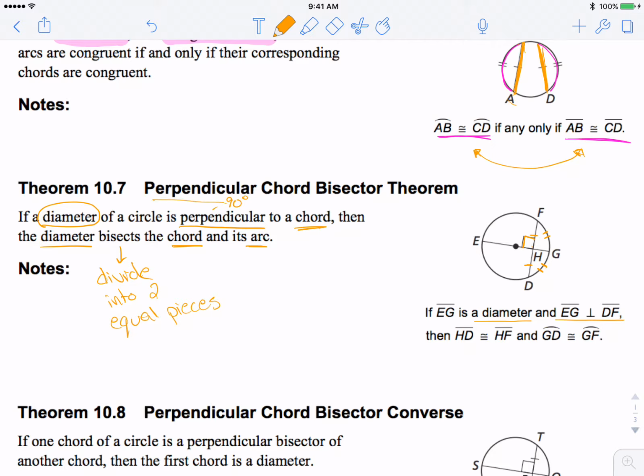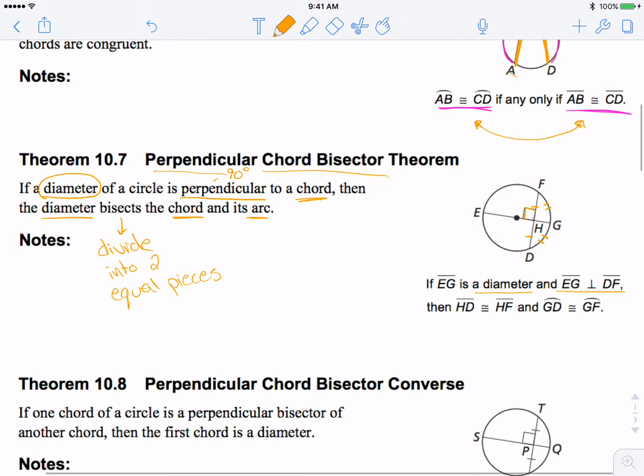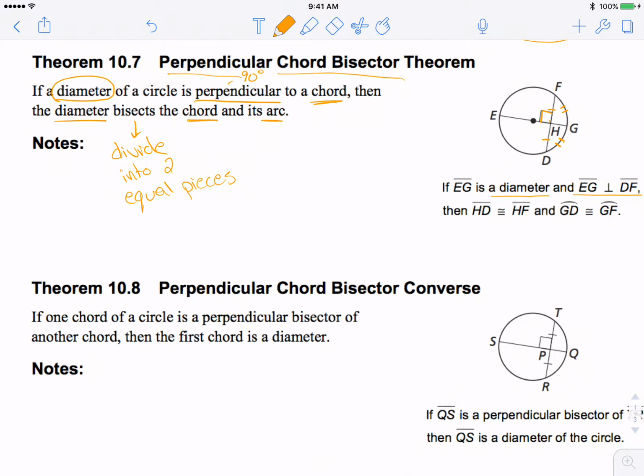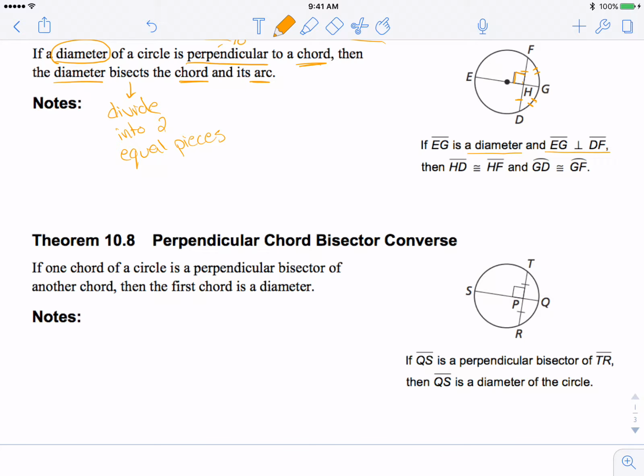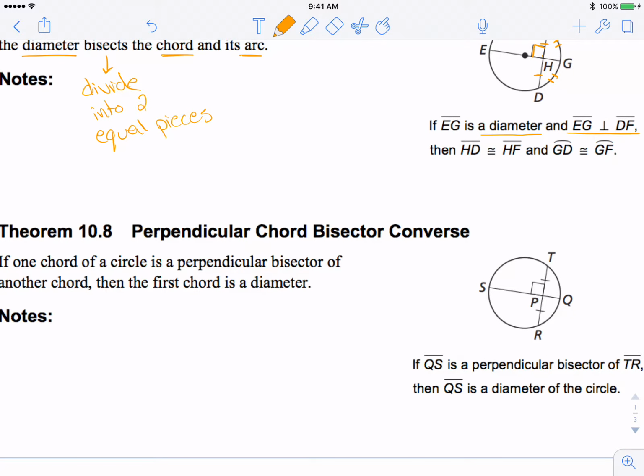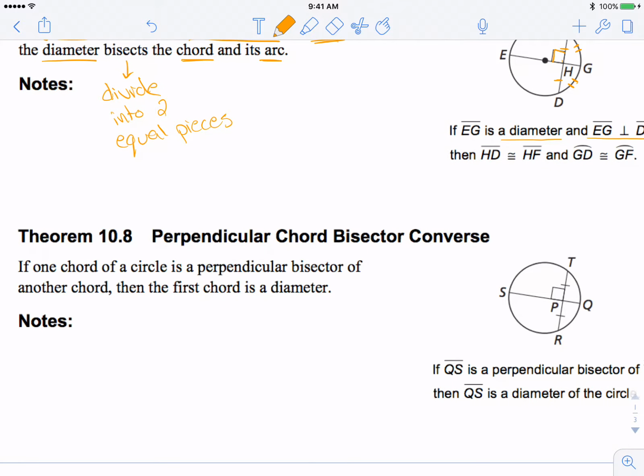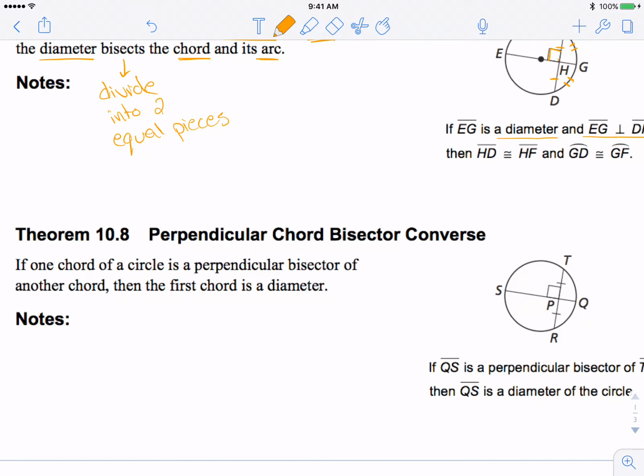That's the perpendicular chord bisector theorem, but it also has a converse, meaning you can use it the other way around. If one chord of a circle is a perpendicular bisector of another chord, notice it doesn't say anything about it being a diameter in that first bit of information.